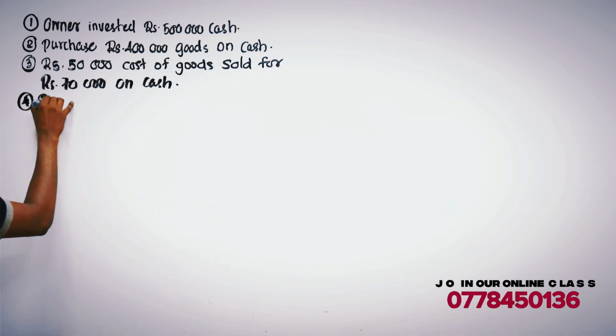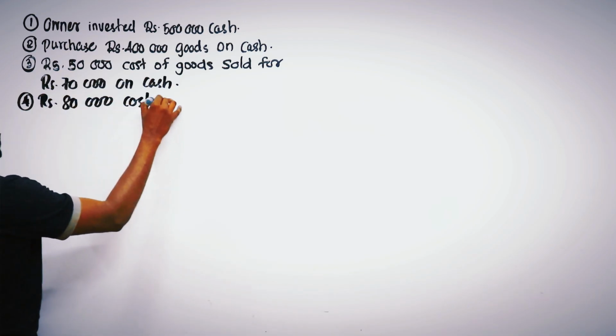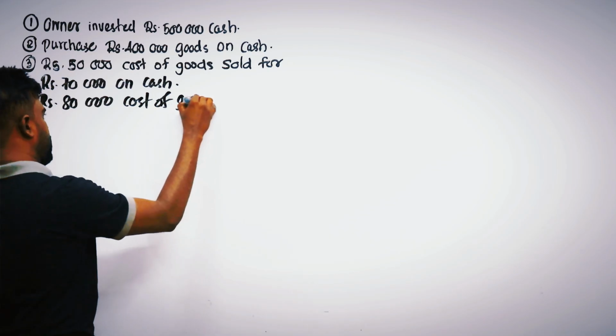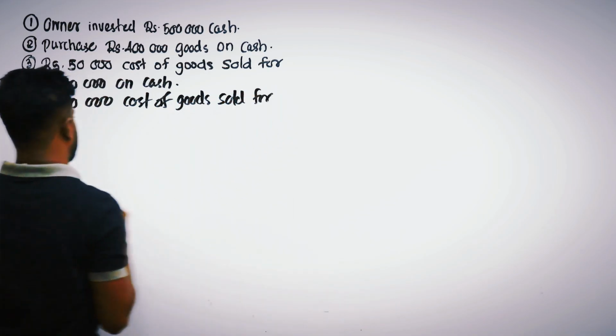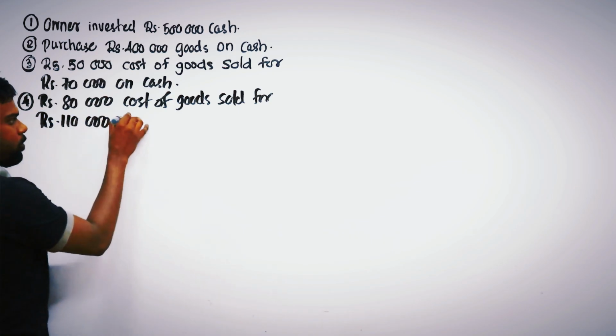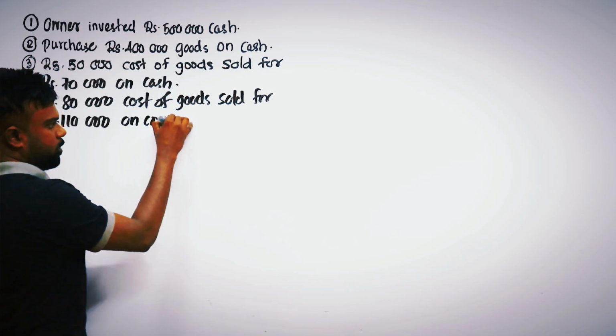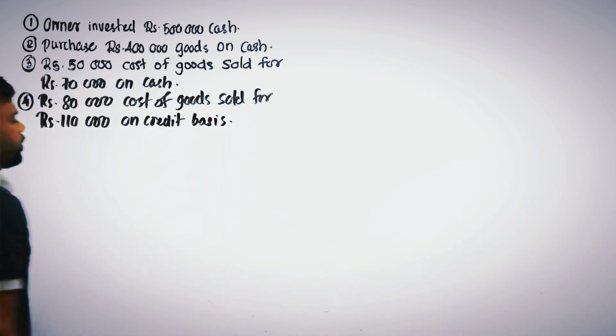Number 4, 80,000 cost of goods sold for 110,000 on credit basis. Clear?